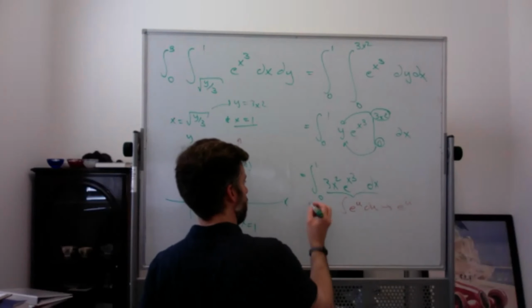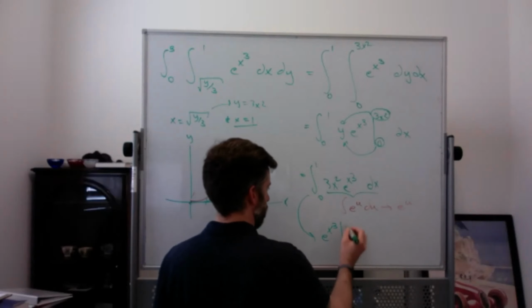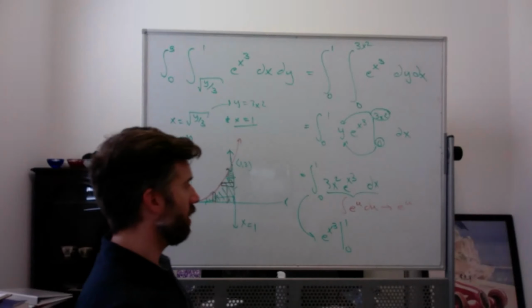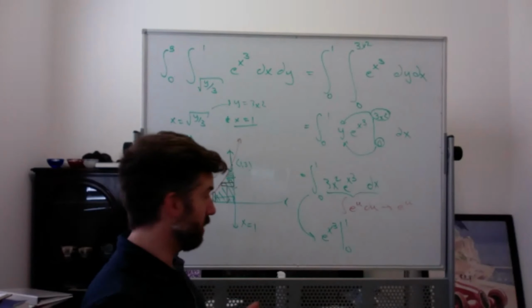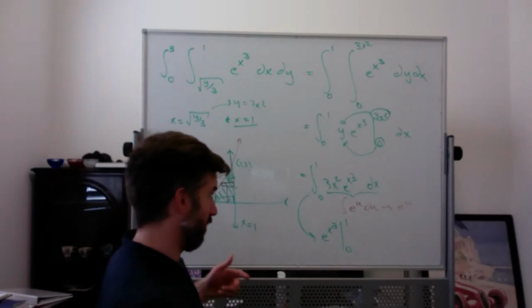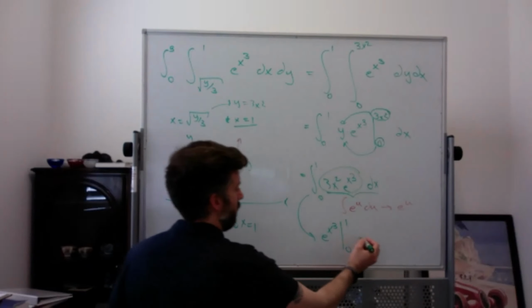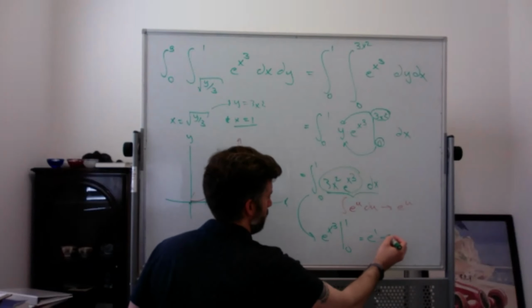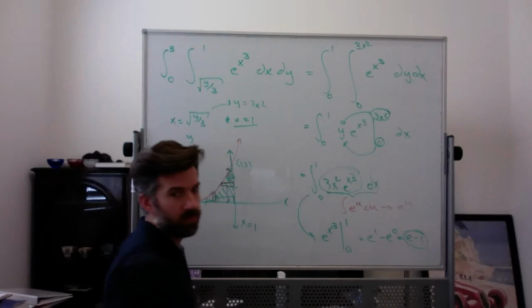So this ends up being e to the x cubed from 0 to 1. And because the derivative of e to the x cubed is e to the x cubed times 3x squared, which is exactly that, we end up with e to the 1 minus e to the 0, which is e minus 1.